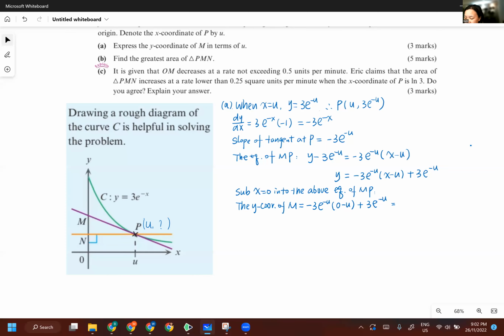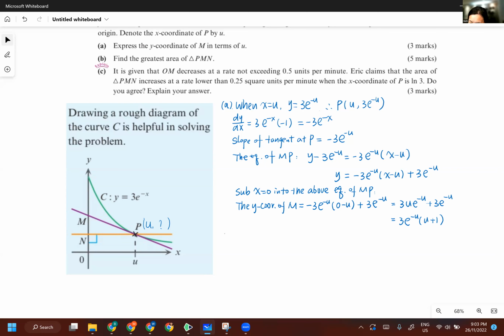The answer is 3u e^(-u) plus 3e^(-u). To simplify, I will take out 3e^(-u), giving 3e^(-u)(u plus 1). That's my answer.